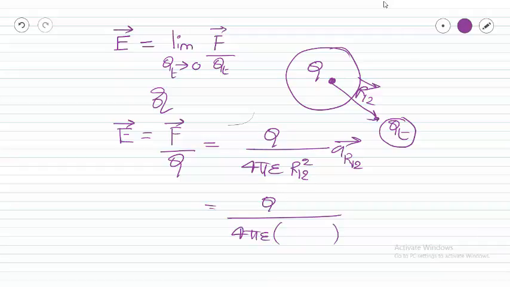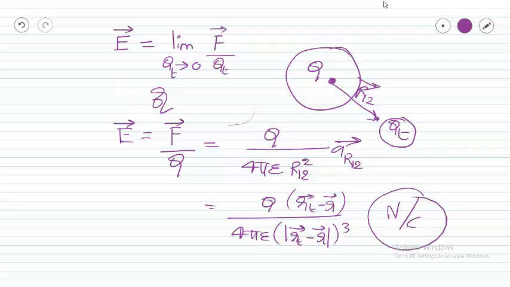If I write R12 in terms of position vectors, let us say the position vector of Q is R bar and the position vector of Qt is Rt bar. In that case it will be Rt bar minus R bar magnitude whole cube, and similarly here Rt bar minus R bar. So this is the expression for electric field intensity, and this is in newtons per coulomb.